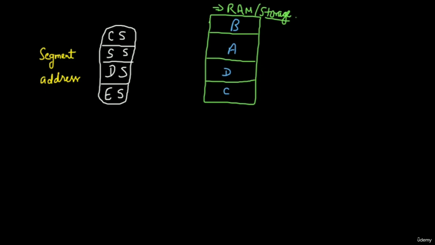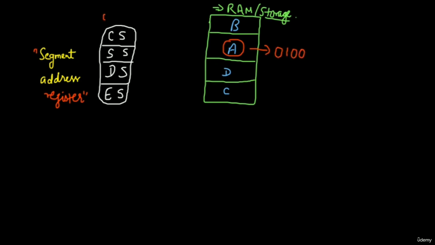Our segment registers have codes. Say the processor demands that it wants the A. The segment address register, and we will talk about these words in just a bit, has the opcode of the required data. Let's say the address for the A is 0100.